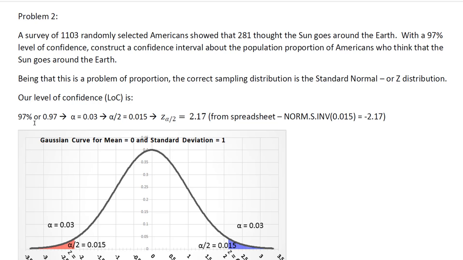Our level of confidence is 97%, or 0.97, which implies that our alpha, or error area, is 0.03. Alpha over 2 is 0.015. When we look that up on the spreadsheet, we will get a Z sub alpha over 2 of 2.17.